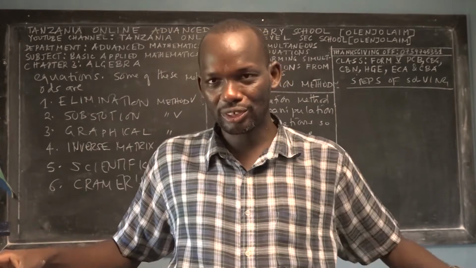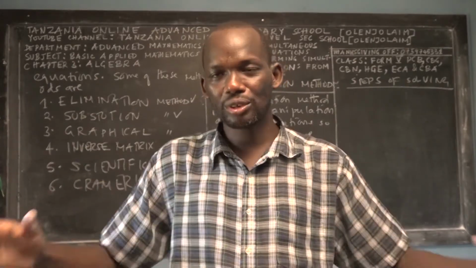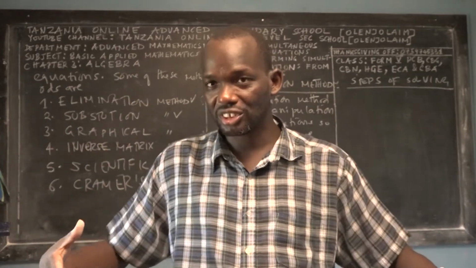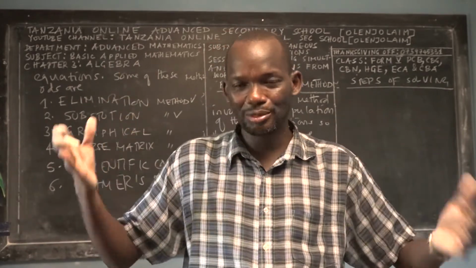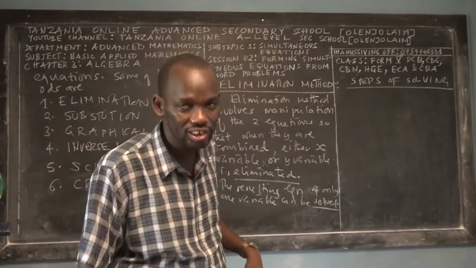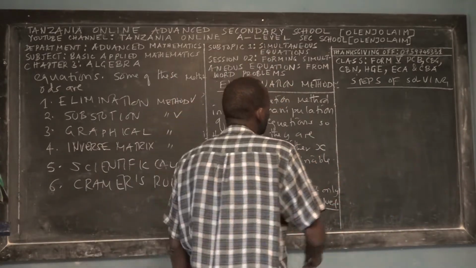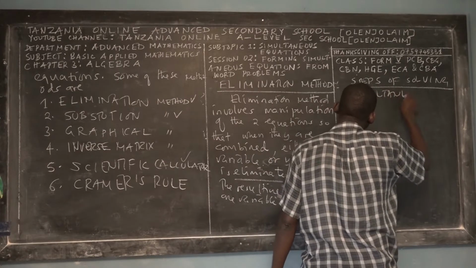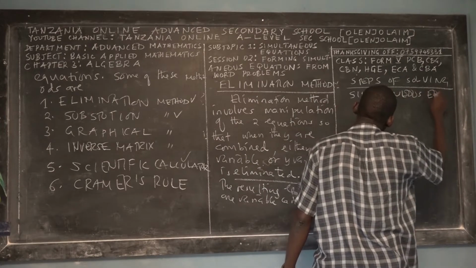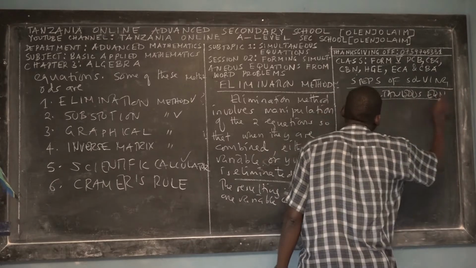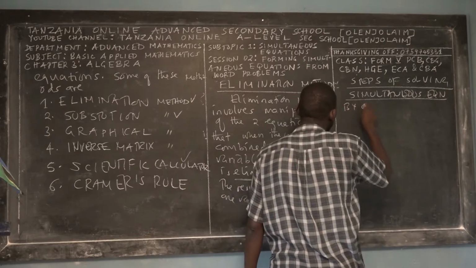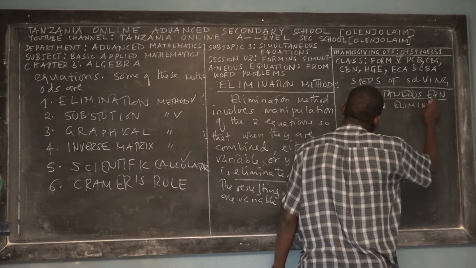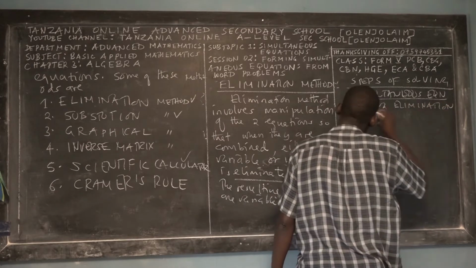You'll be spending much of your time learning your core subjects in your combinations, rather than spending too much time on basic mathematics, because you've already understood. So, steps of solving simultaneous equations by using the elimination method.